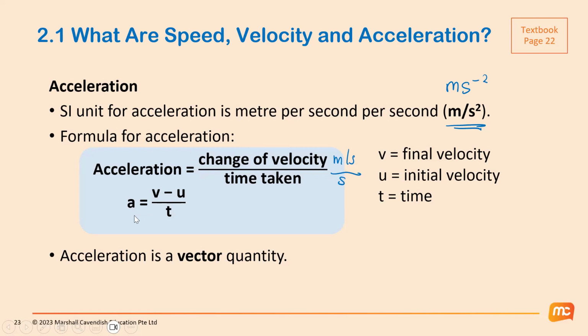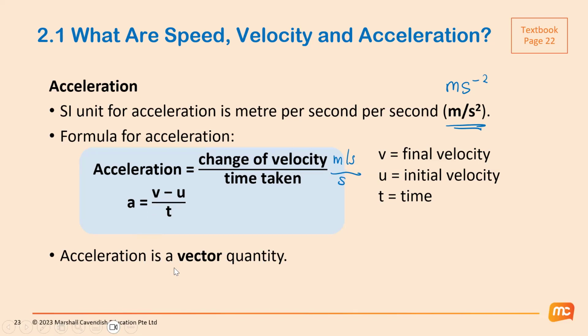So acceleration is represented by a, equals the change in velocity, which is final velocity minus the initial velocity, over the time taken. Remember, when you substitute into the formula, everything must be in SI units. So the time must be in seconds and the velocity must be in meters per second. If it's not, you have to change it first.